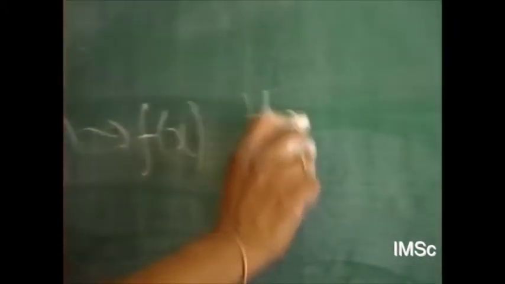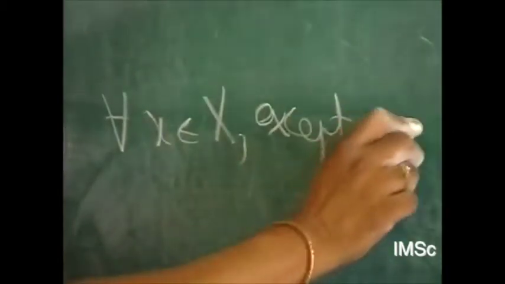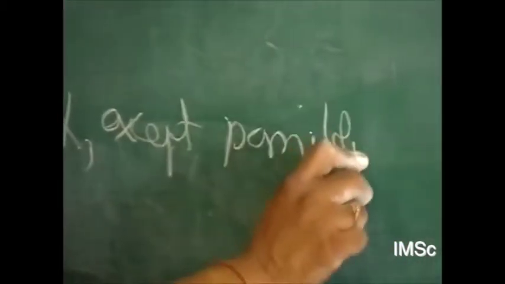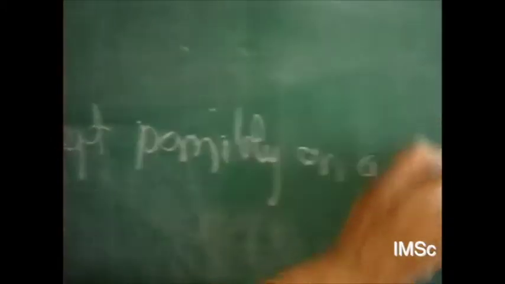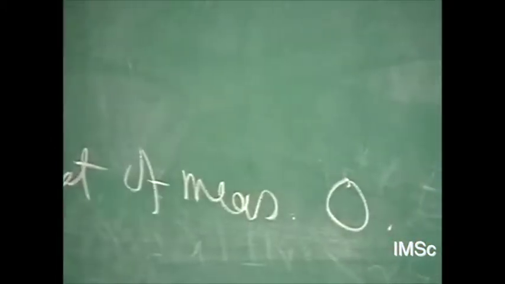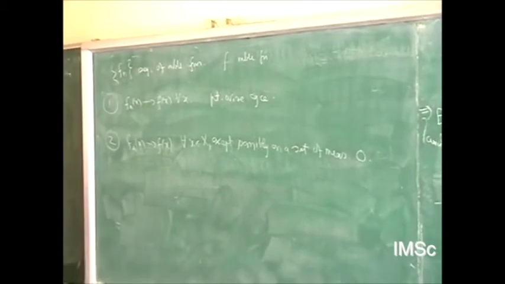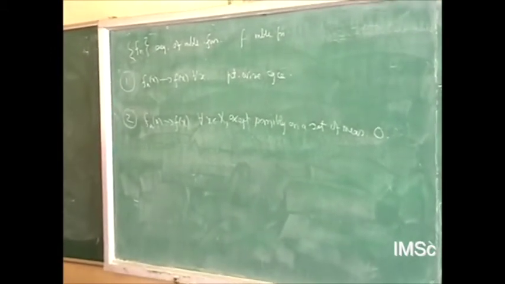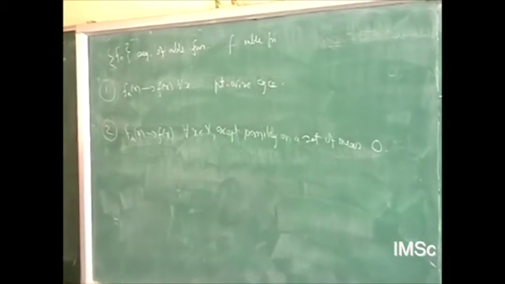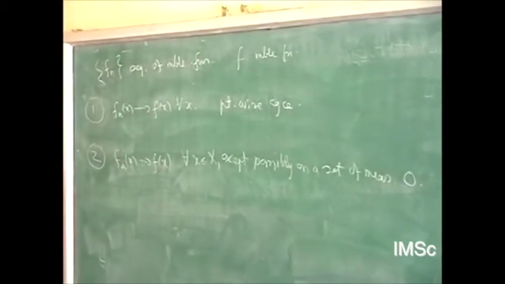For all x in X except possibly on a set of measure zero. So it converges at all points, but the convergence may fail for some points, but that set of points is what is called a negligible set or set of measure 0.